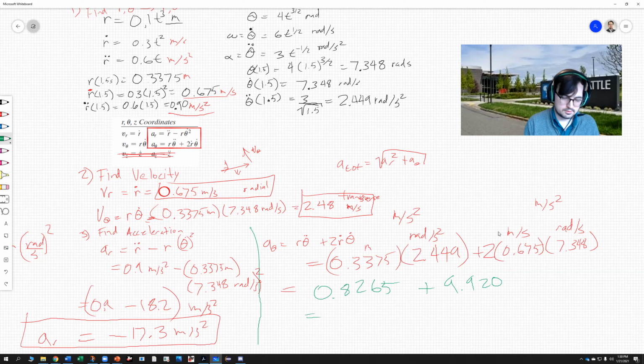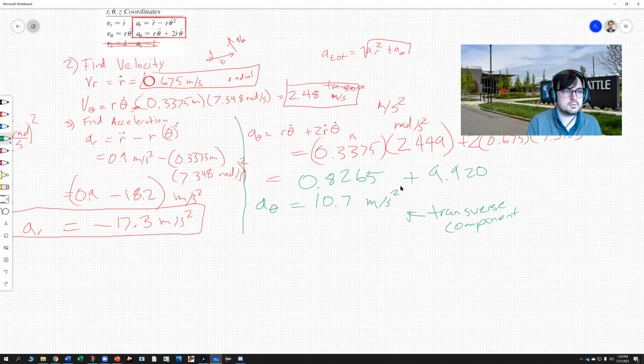All right, so combining these two components, since they're both positive, will give me a value of 10.7 meters per second squared. That is our transverse component. Over on this other side, we have our radial component.